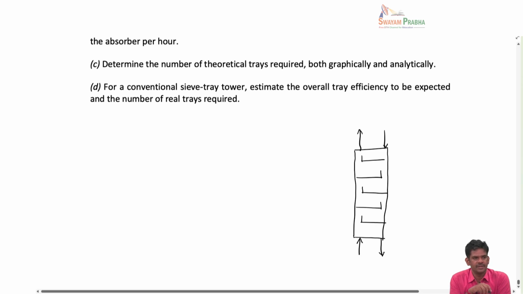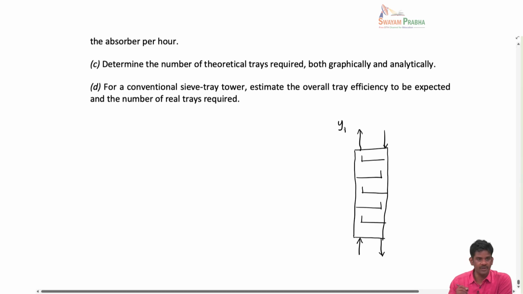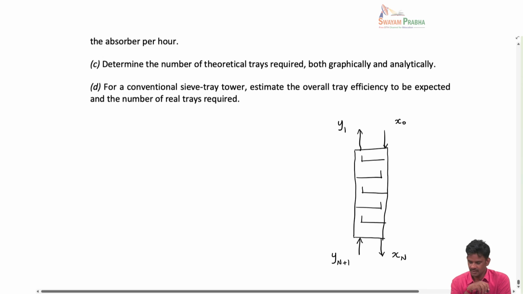When we deal with tray towers, the nomenclature is slightly different from packed tower. Okay, so here we denote y1, x0 here, and this would be yn+1. If there are n trays, the inlet composition is given as yn+1, and this is xn. And then correspondingly, you have y1. These are all in mole ratio units.